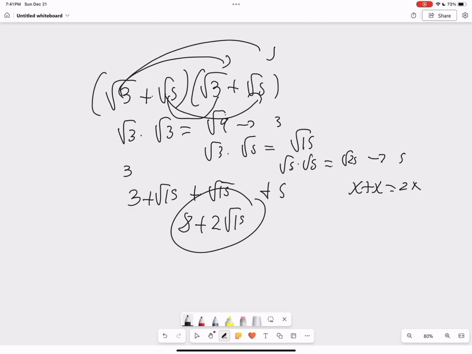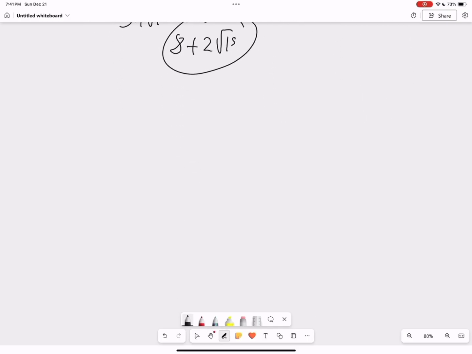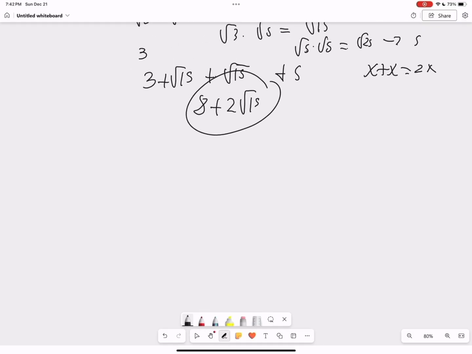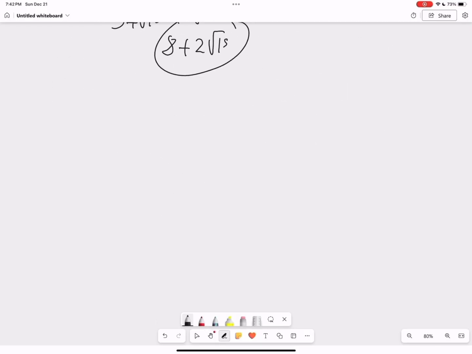Cool. Let's try one like this. So we have 2 times the square root of 2 plus the square root of 3, times 2 times the square root of 2 plus the square root of 3.